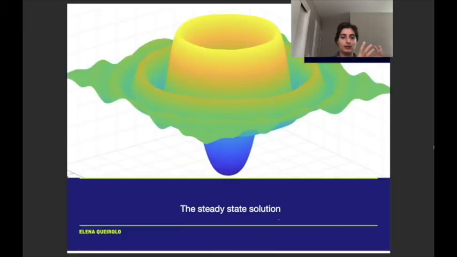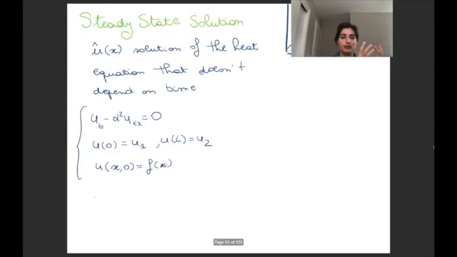Let's look a little bit more in depth and a little more precisely at the steady state solution. So we have introduced u hat, that is a solution of the heat equation that doesn't depend on time. So we went from having the full PDE, that is the derivative over time of u, minus alpha squared times the second derivative of u with respect to x, equal to 0, and then we have some boundary conditions and an initial condition.